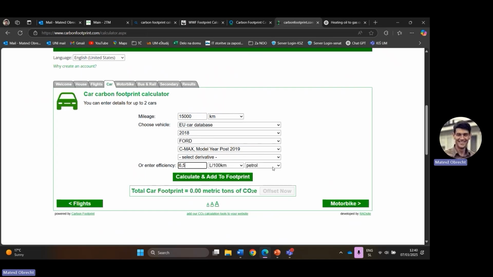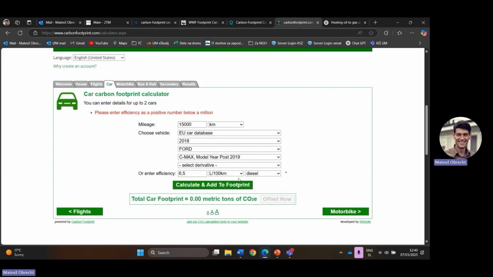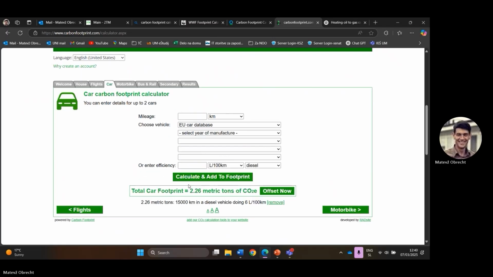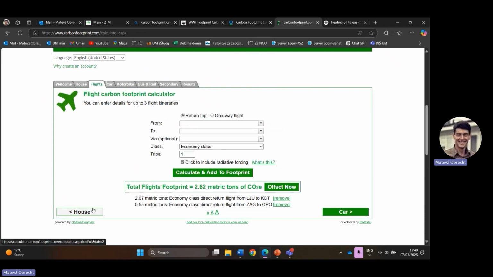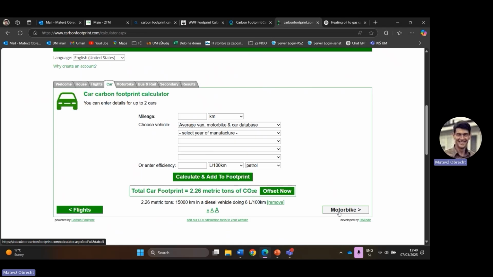Let's say we have a lot of diesel cars in Europe. So we do it like this, and we have 2 metric tons. So the annual driving with a car for 15,000 kilometers is the same as, let's say, one flight from Ljubljana to India, from Slovenia to India.